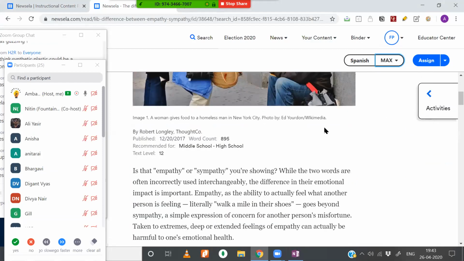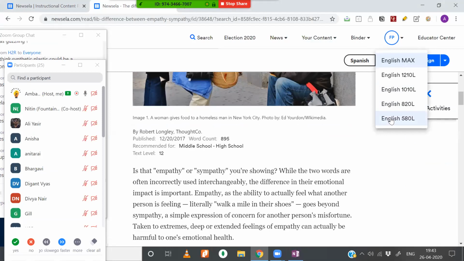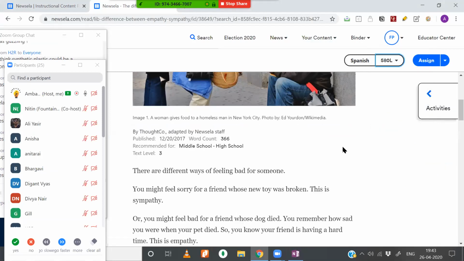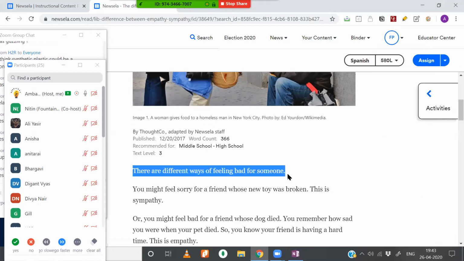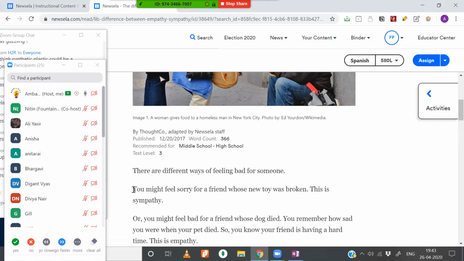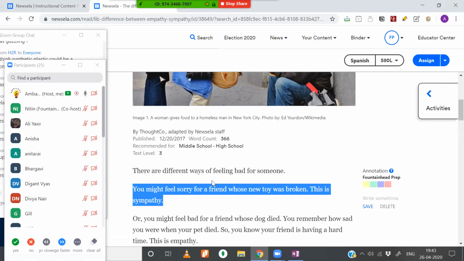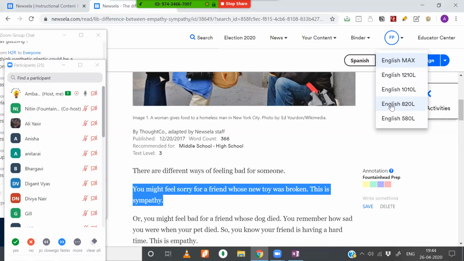Someone who is below average level should start with a lower lexical level, which means the sentences become very simple. So start reading such short sentences, understand them, and once you have understood this clearly, then maybe go to a higher level and read the same article.